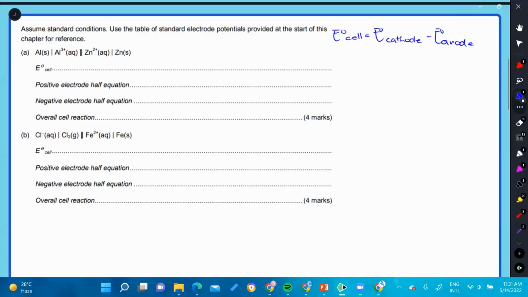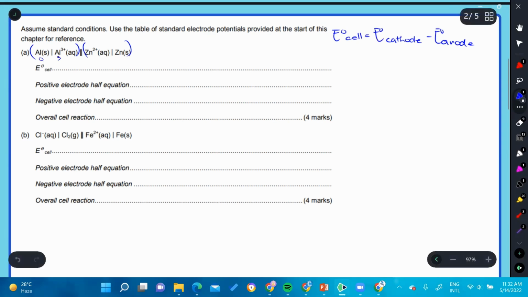So if we have an aluminum electrode and a zinc electrode, which one is higher in the reactivity series? You'll have to figure that out to tell which one is the anode and which one is the cathode. Usually the anode is written on the left, but it's always good to check. So here, aluminum is oxidized.